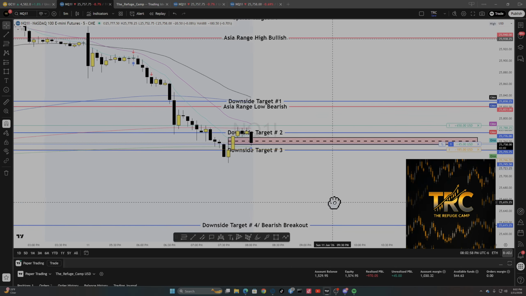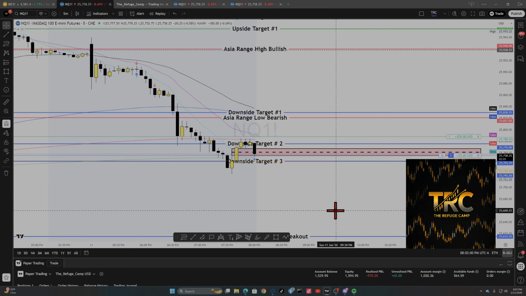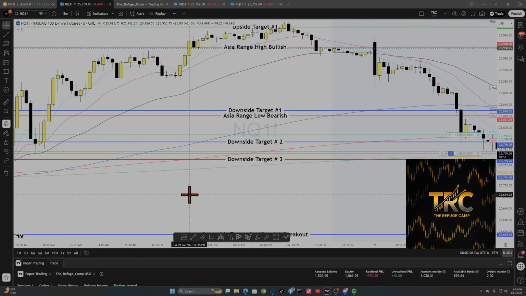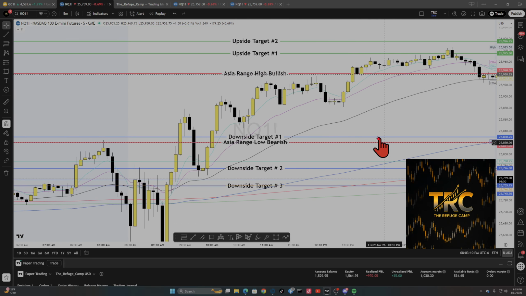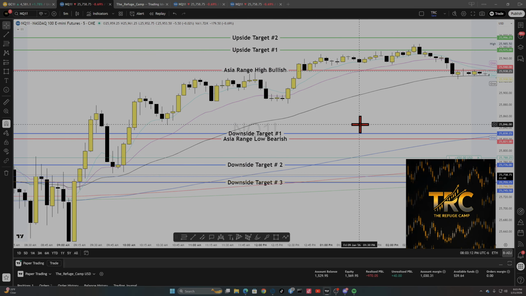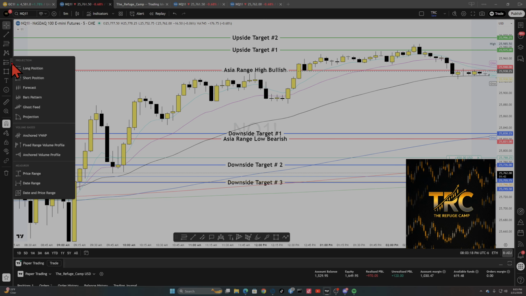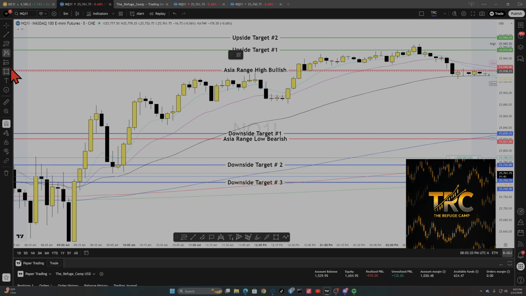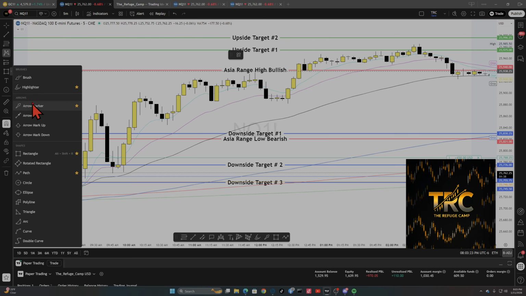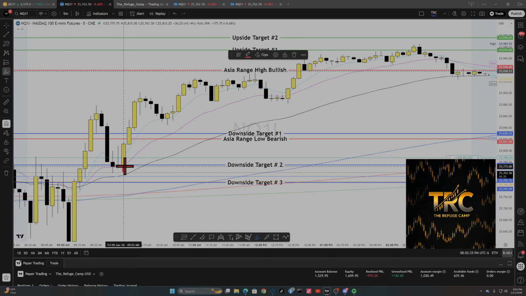Do y'all see that? Okay. Everybody know what a bear flag or a bull flag is? No. This is a perfect example. Okay. Think about it as, how do I want to illustrate this? I think we'll just do it this way. Think about these 3 candles as your flagpole.